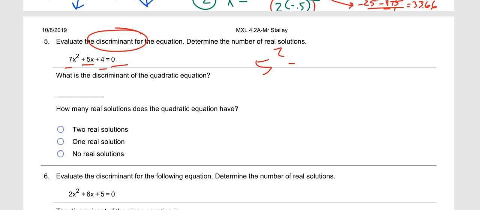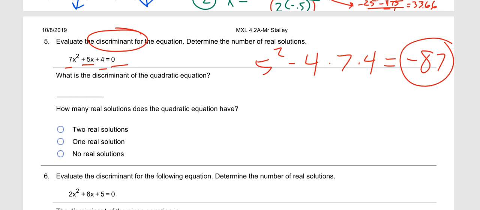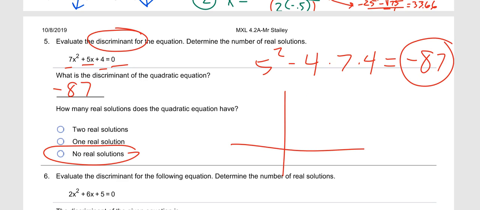B squared minus 4 times A times C gave me negative 87. What does that mean? No real solutions. Because remember, folks, this is one of those parabolas that's missing the x-axis completely.